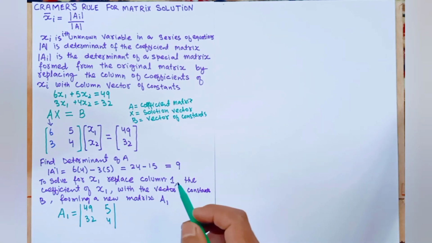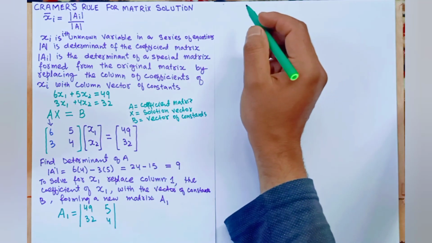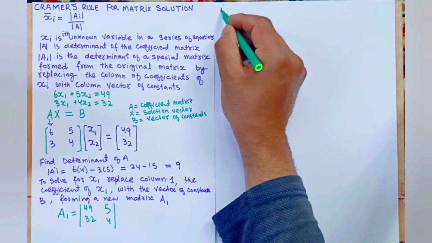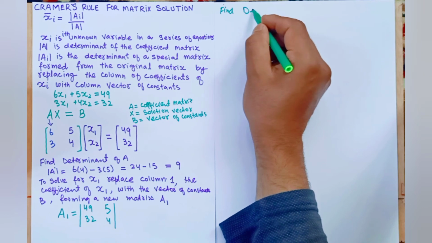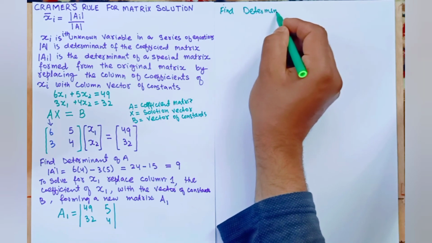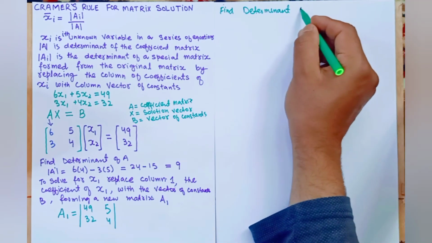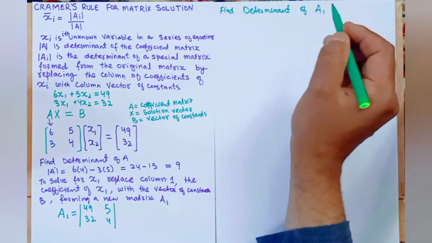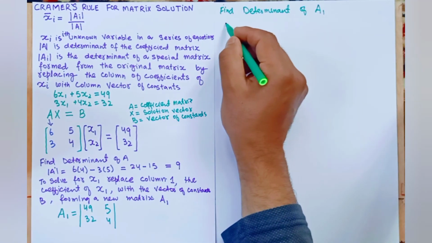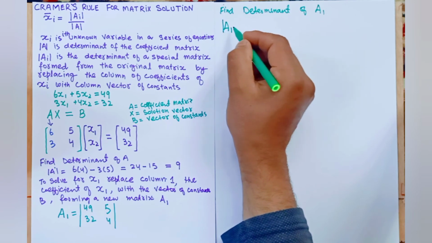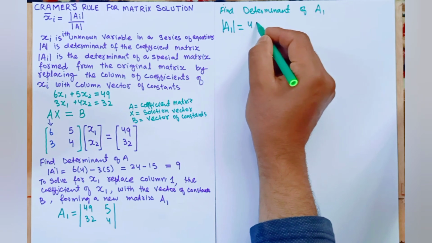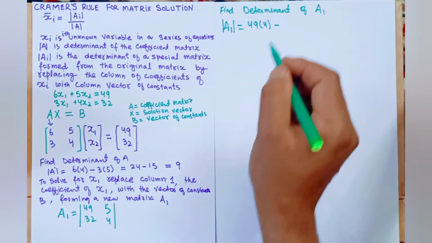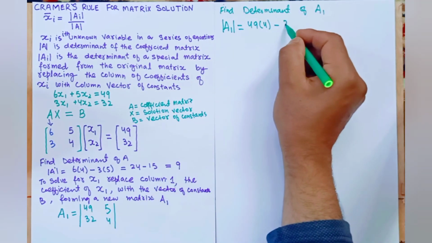Now we will find the determinant of A1. It is 49 into 4 minus 32 into 5.